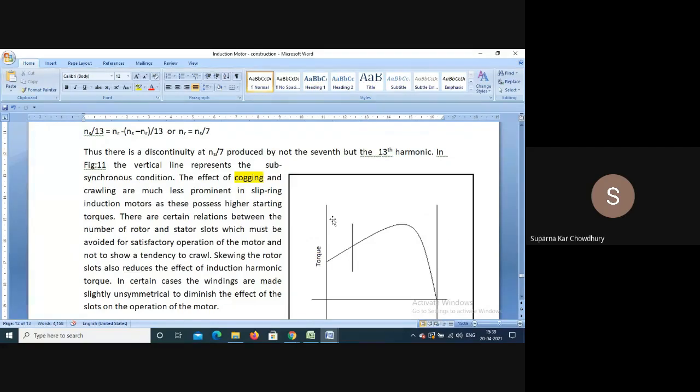There are certain combinations which cannot be taken, and the effect of crawling is taken care of by skewing the rotor bars. The mathematics behind these calculations is quite intricate, so it is not within the scope of the syllabus, but you should remember these two effects, cogging and crawling, which are important for induction machine design.